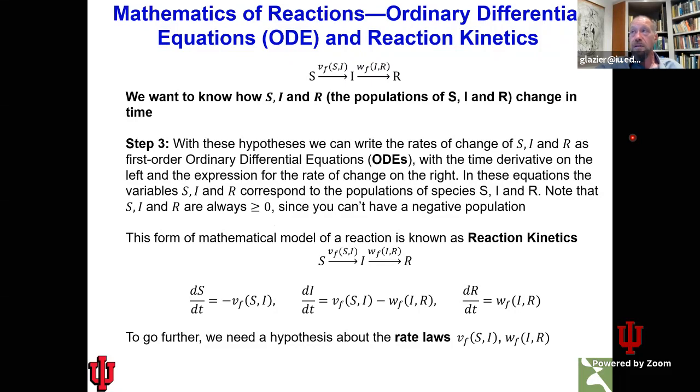And then I turns into R, so there's a minus Wf of I comma R. For R, there's a mass balance term. dR by dt is equal to Wf of I comma R.